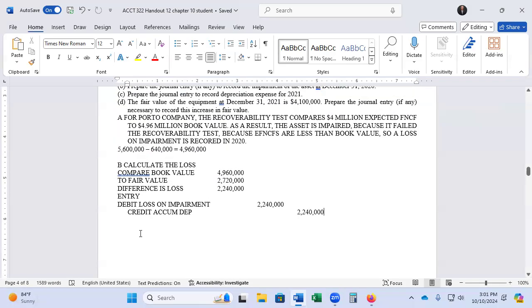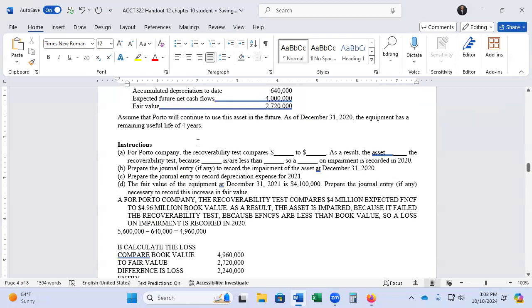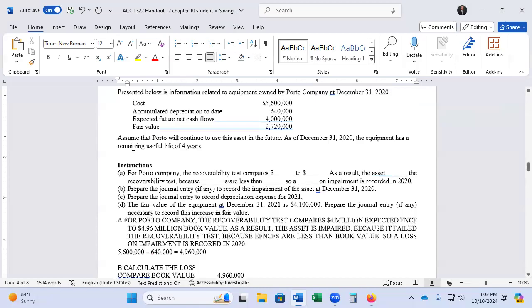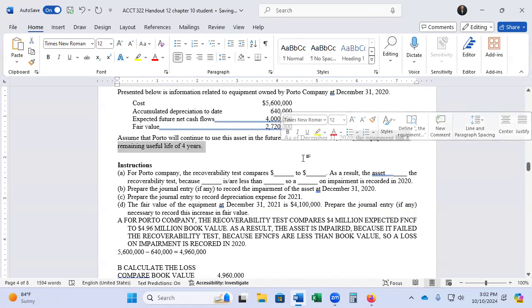Any questions there? So now C says, prepare the journal entry for depreciation expense for 2020. It says, assume Porto will continue to use this asset in the future. The equipment has a remaining useful life of 4 years.